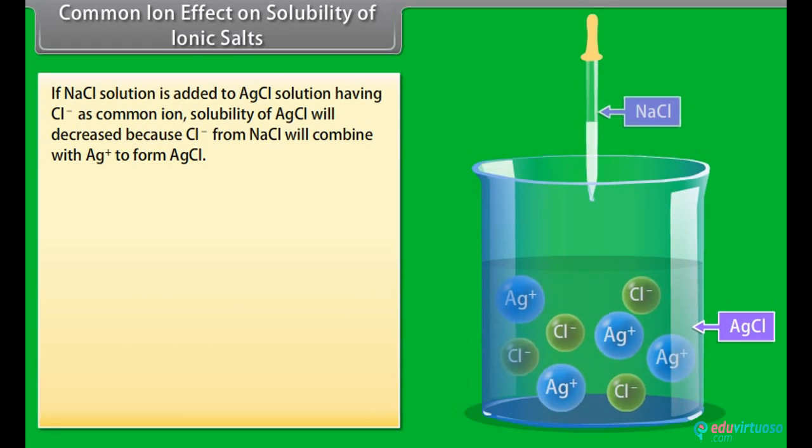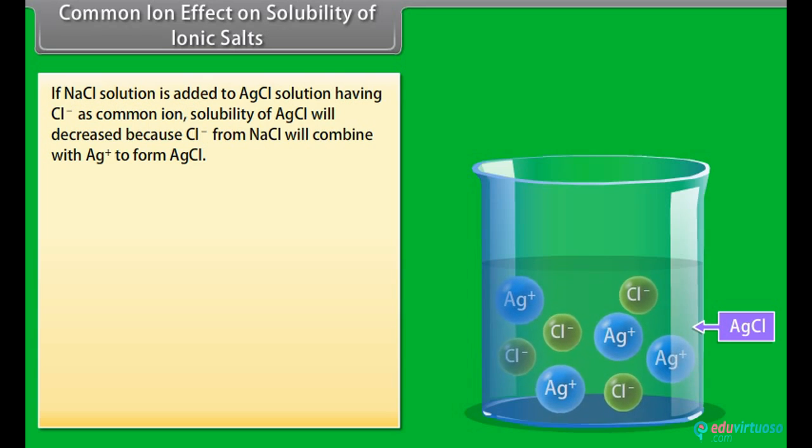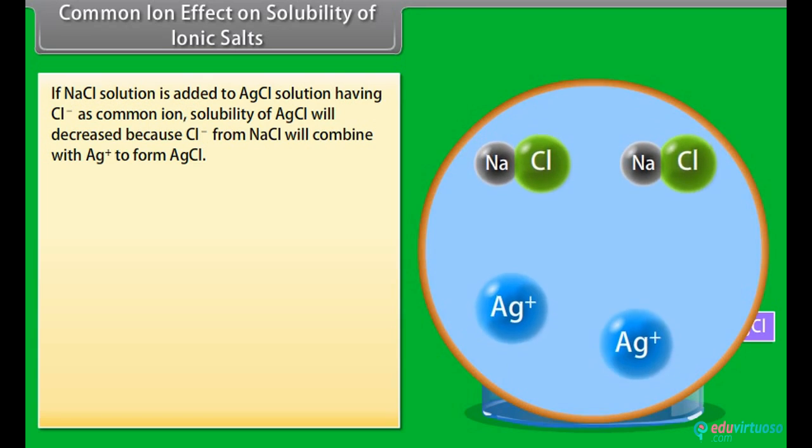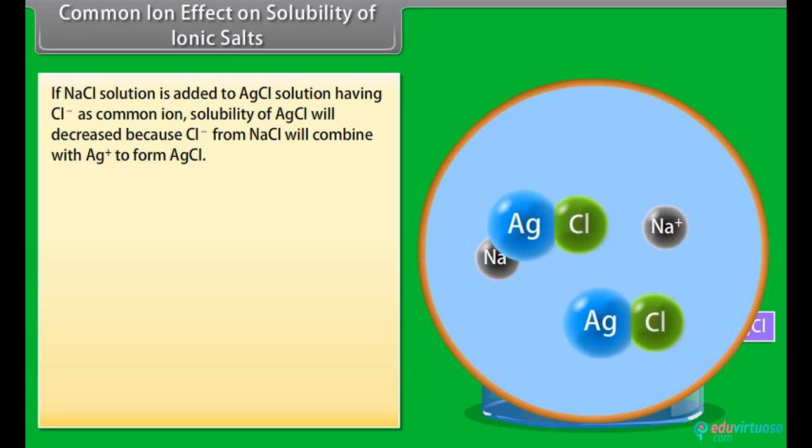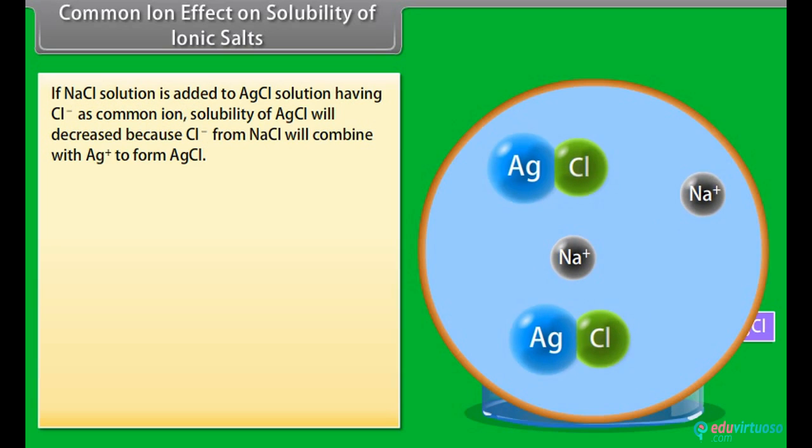Common ion effect on solubility of ionic salts. If NaCl solution is added to AgCl solution having Cl- as the common ion, the solubility of AgCl will decrease because Cl- from NaCl will combine with Ag+ to form AgCl.